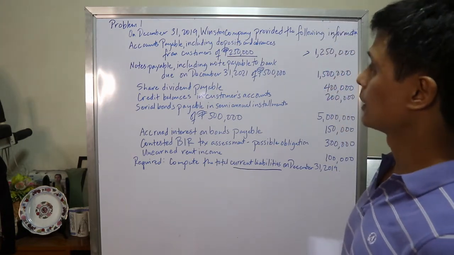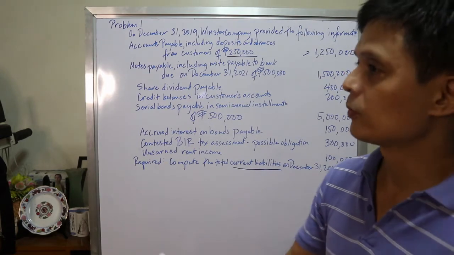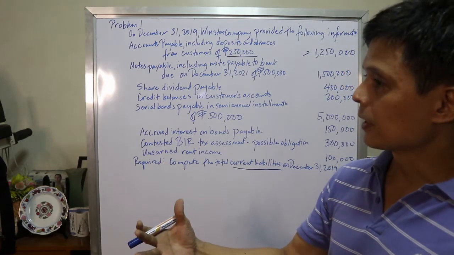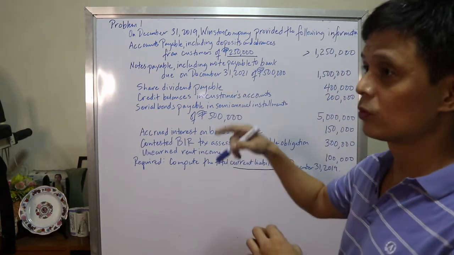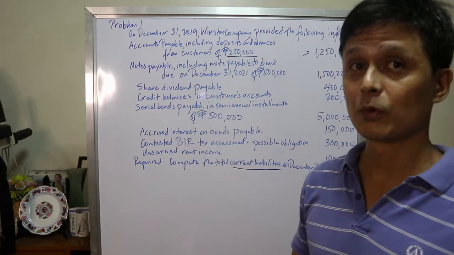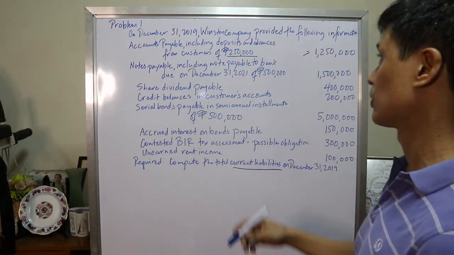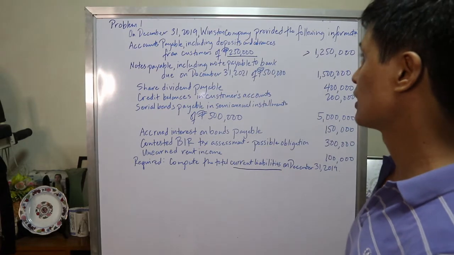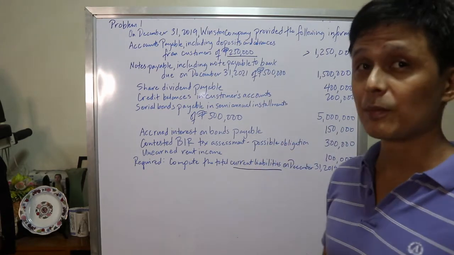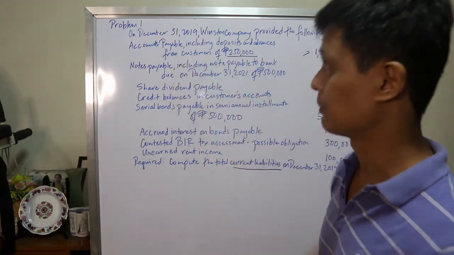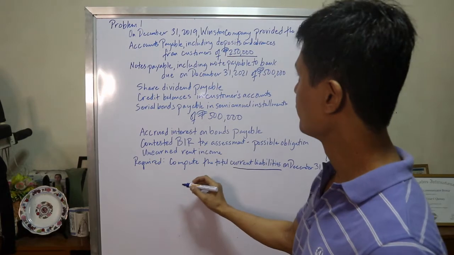Because this one, parang in advance sa'yo ng customer mo yon. Whereas yung accounts payable, ito yung utang mo sa supplier. This one, yung deposit in advance, although it's part of the current liabilities, pero hindi siya dapat kasama dito sa accounts payable.